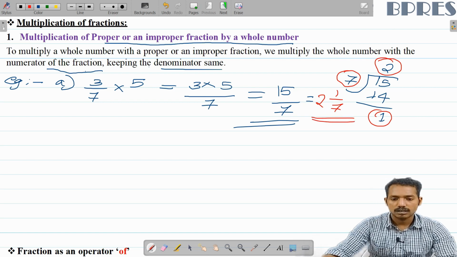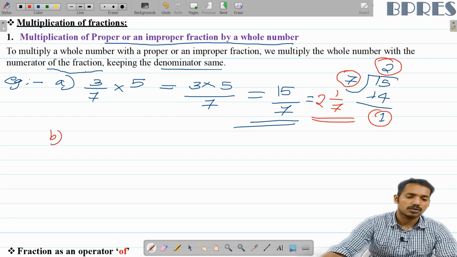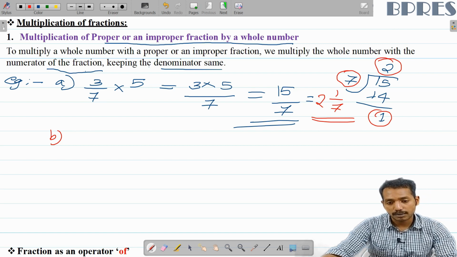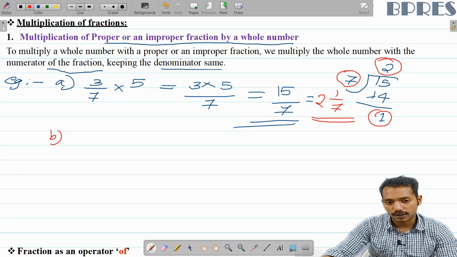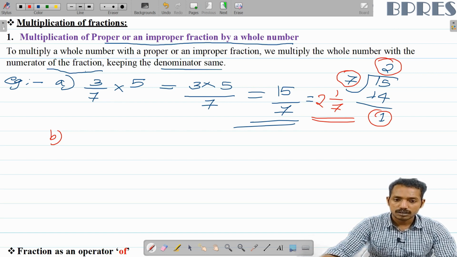So very simple one. Now let's take the second category of multiplication of a fraction by a whole number, that is multiplying an improper fraction by a whole number. Here we multiplied a proper fraction by a whole number. Now we are going to discuss an improper fraction by a whole number. In this case also no problem, same, that is 15 by 4. 15 by 4 is an improper fraction.